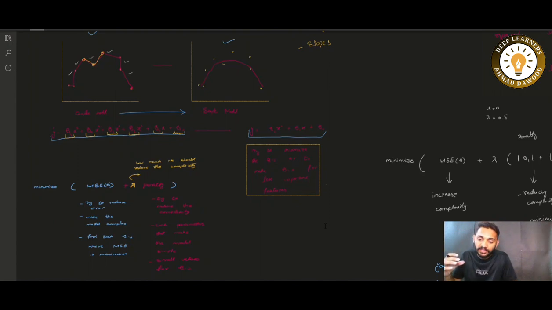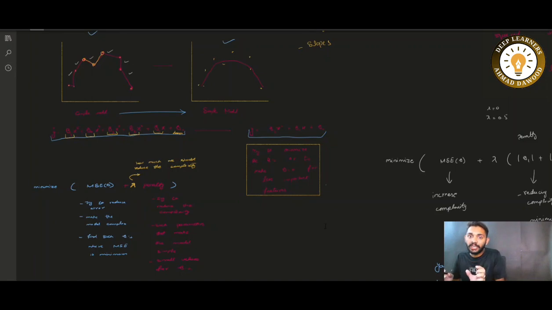During the training phase, if we have just mean square error as a cost function, when we are minimizing our cost function, we are reducing the mean square error no matter how large the parameter values we get. We have learned that due to that action, overfitting actually occurs.